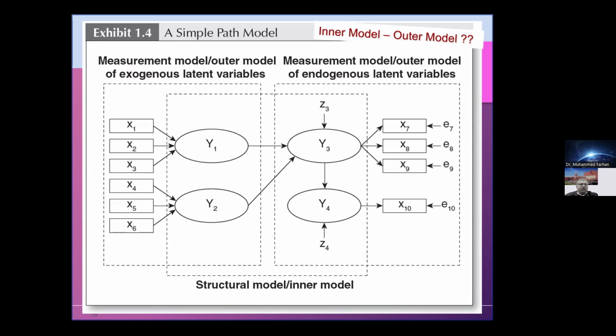Or you can also call the measurement model the outer model. Two outer models, one on the left and one on the right. And the outer models have their indicator items which are used to measure those latent variables. So this model is called the measurement model.